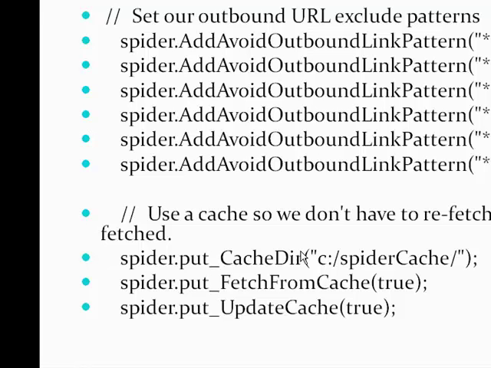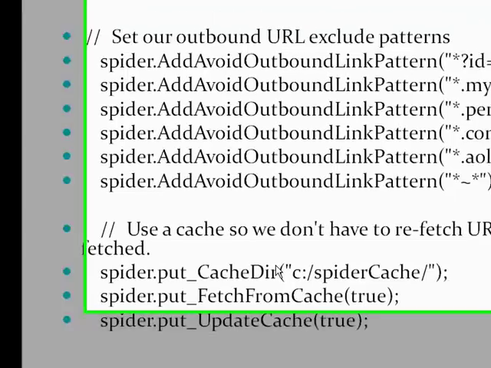This method adds a wildcarded pattern to prevent collecting matching outbound link URLs. For example, if *google* is added, then any outbound links containing the word Google will be ignored. The star character matches zero or more of any characters.